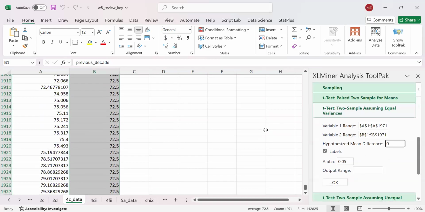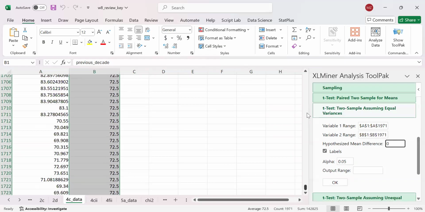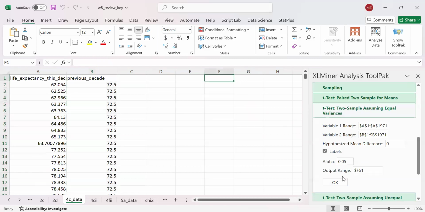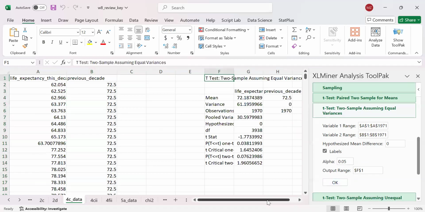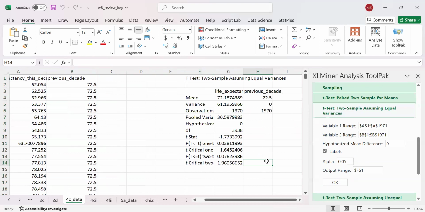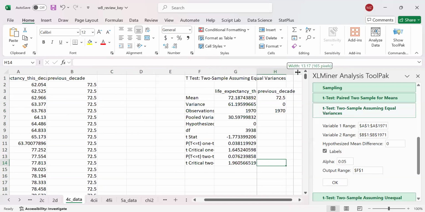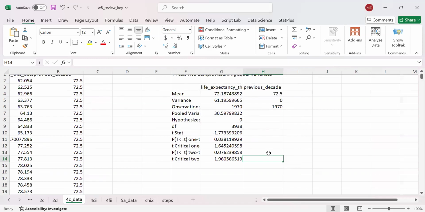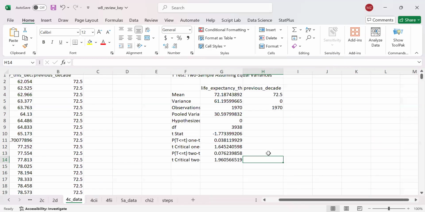And let's get our result on this sheet. So let's say we wanted an F1 here, right? So once you get this, you'll get this result.